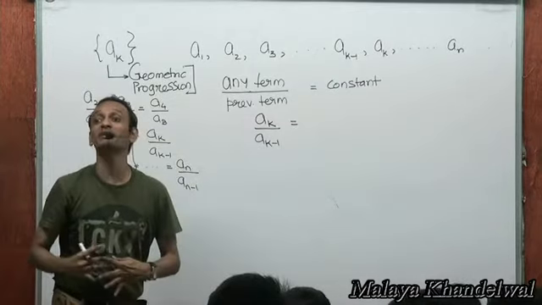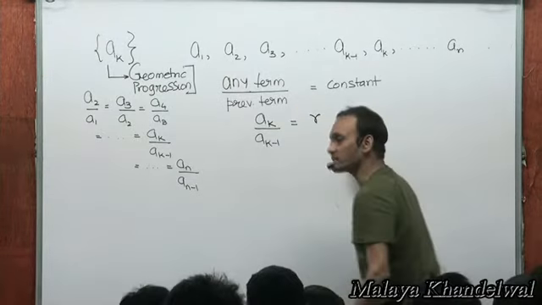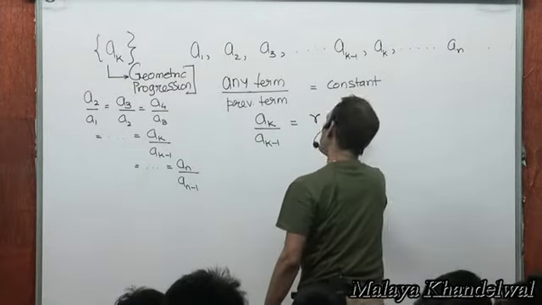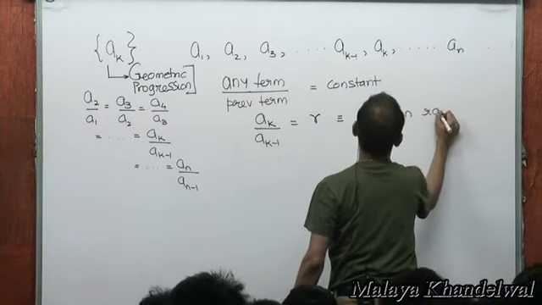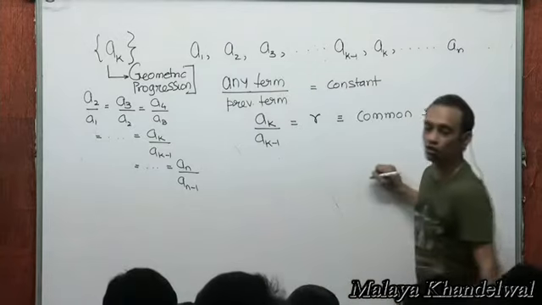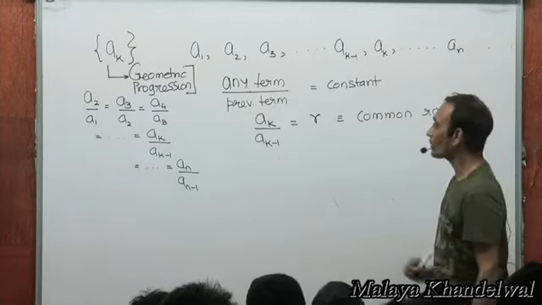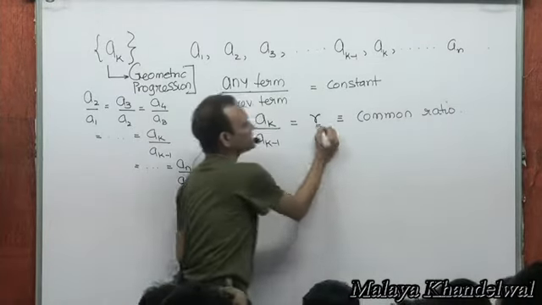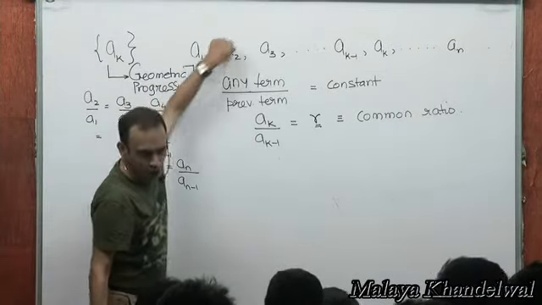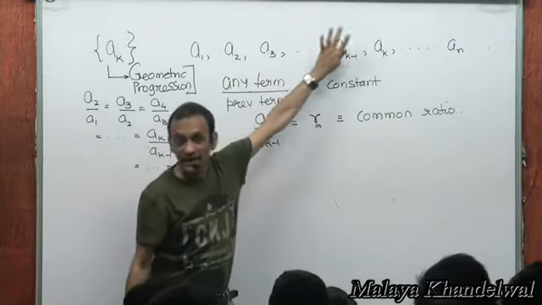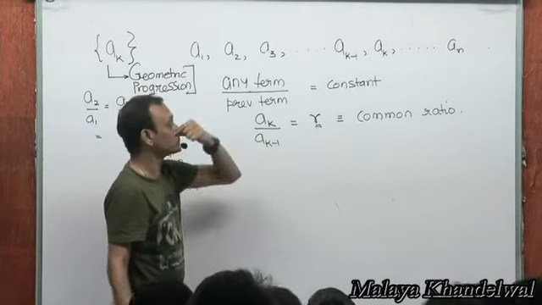This constant is commonly designated by the symbol R, is a property of the sequence, and is called the common ratio of the sequence. Which means A2 by A1 will be R, A3 by A2 will be R, A4 by A3 will be R, A_K by A_K minus 1 will be R.